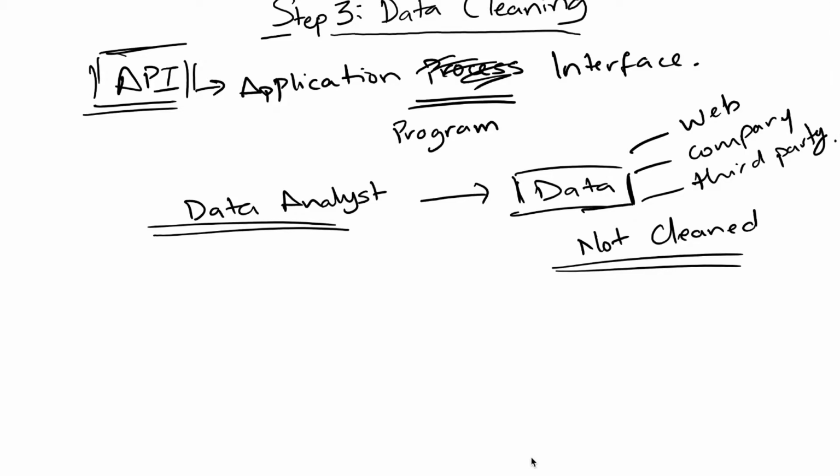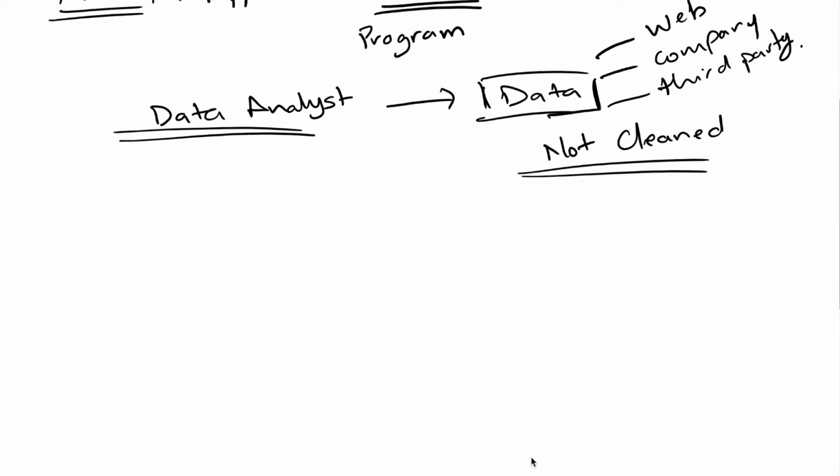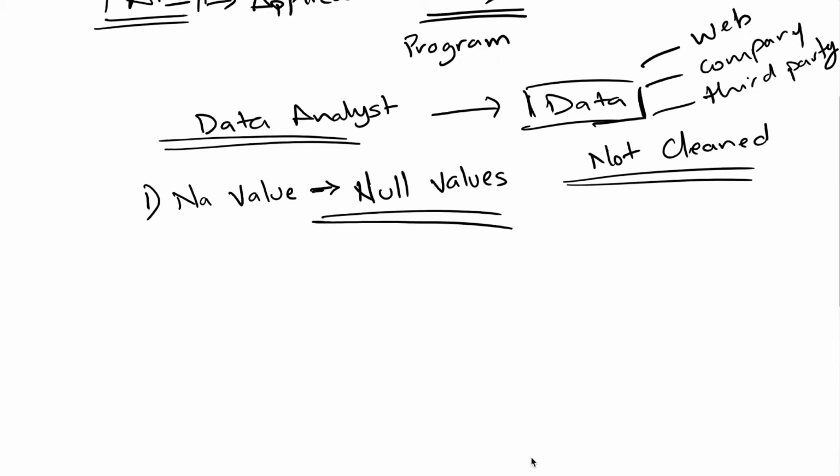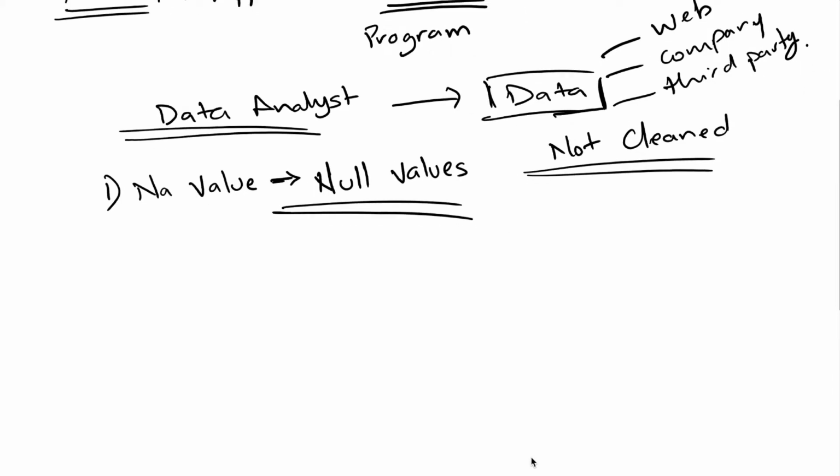The first type of noise that you may encounter when you receive this data set is a lot of NA values. Now, your NA values are essentially your null values. Okay, so what are null values?